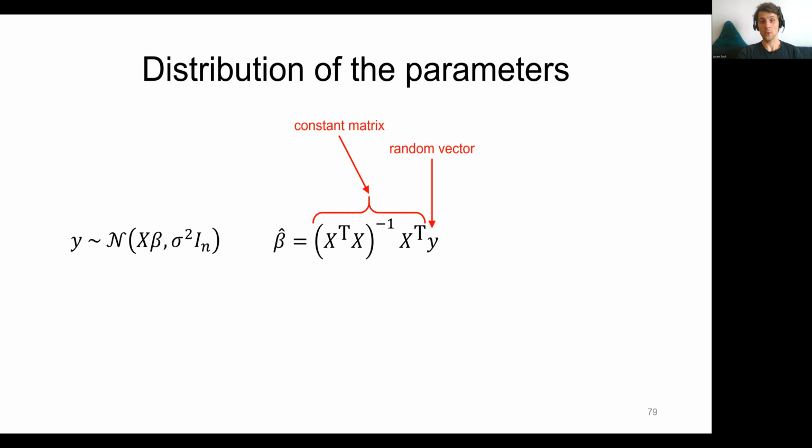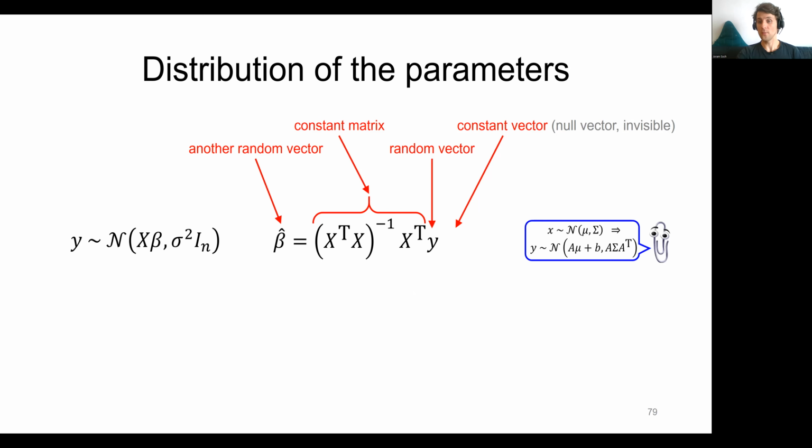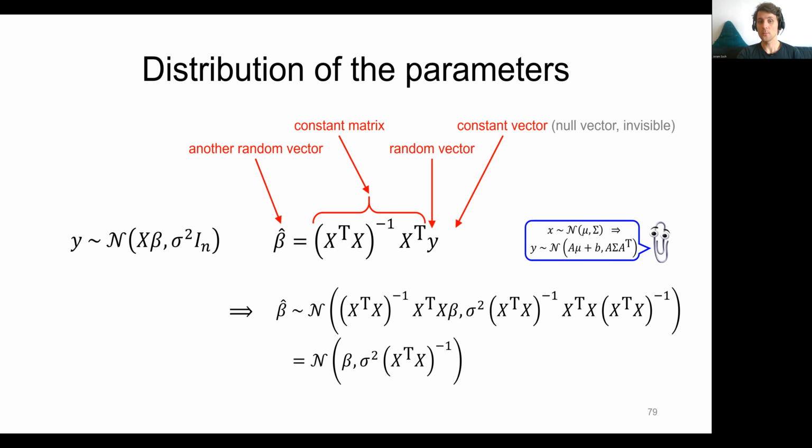We have a constant matrix that it is multiplied with. And we have a constant vector that is added to it, which here is invisible because it is the null vector. This means that our estimates for the regression coefficients will again be another random vector following a normal distribution according to the linear transformation theorem.